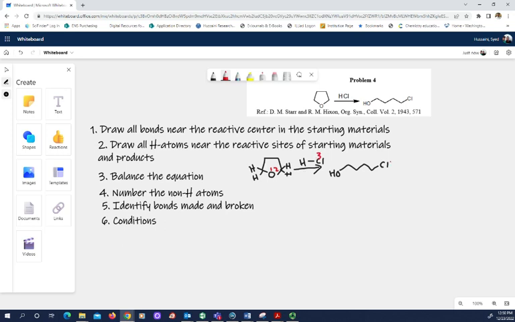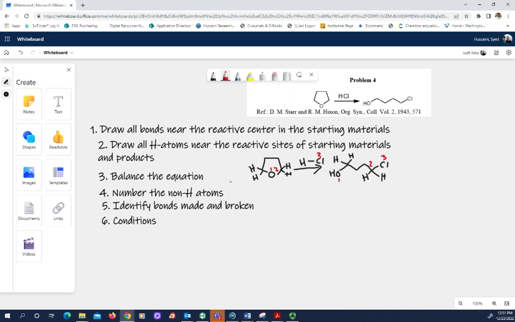So 3 is this, and then 1, and here if I write down hydrogen atoms, which I forgot in this case for the product, then I can assign 3 and then the other one as 2.